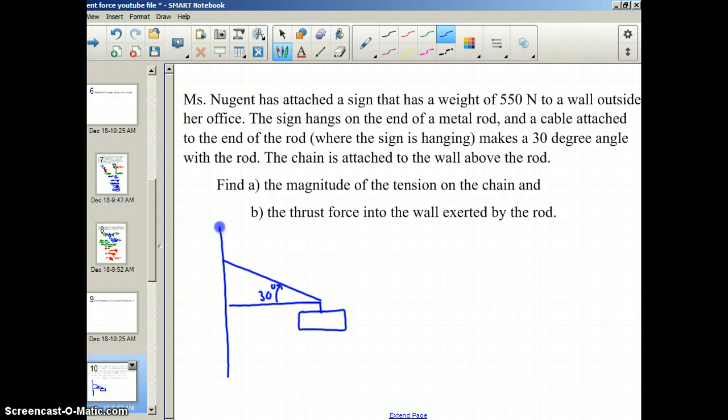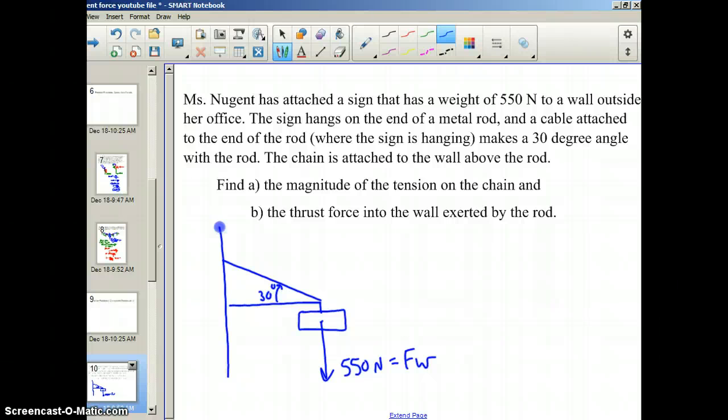We know that the weight of this sign is 550 newtons, and that weight is a force that acts in the downward direction. Now, there's another important fact about this problem that's not stated in the problem, but we understand that nothing is moving.